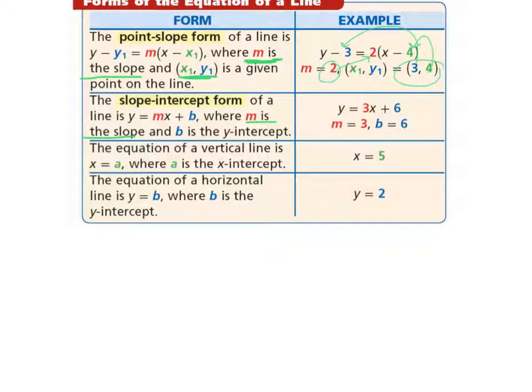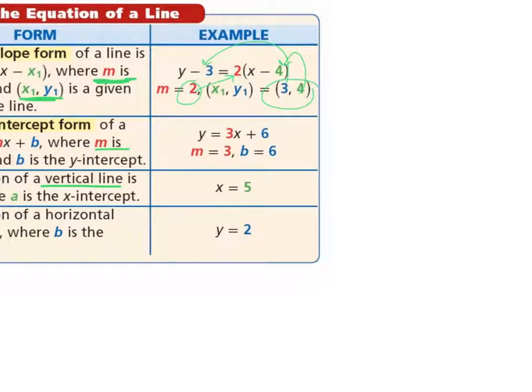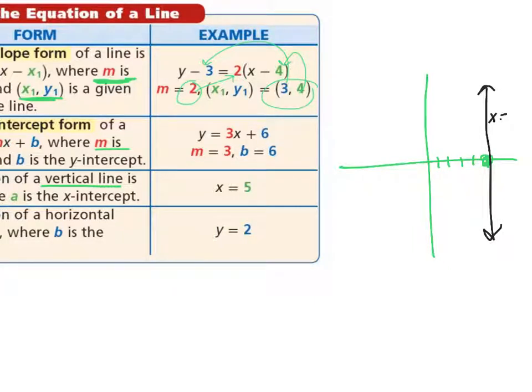An equation of a vertical line is x is equal to a, where a is the x-intercept. So if we have x is equal to 5, we would go over 5 and plot our point, and this would be a vertical line through this point.